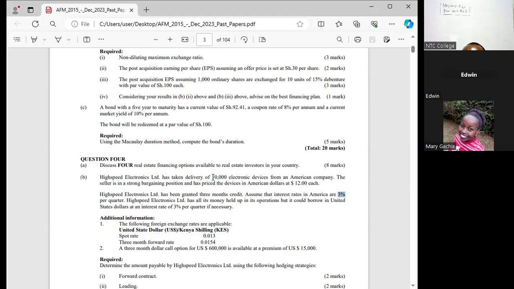The one I gave you today is per annum. So if this is per quarter, multiply this by 4. It is how much per annum? Ruth, what is it per annum? What is the interest rate in America per annum?